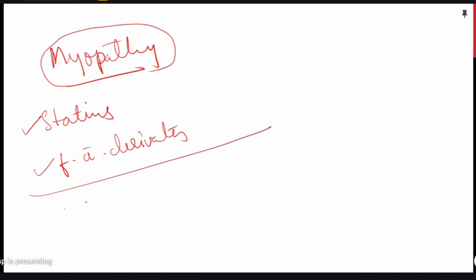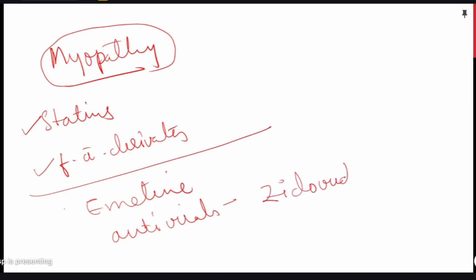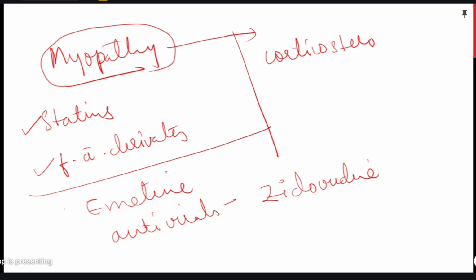In that you have to remember amiodarone, and some antiviral drugs, antivirals. In antivirals, we have zidovudine, this one drug, and a very important drug which will cause myopathy is corticosteroids. Corticosteroids, very important. Corticosteroids and some immunosuppressants.